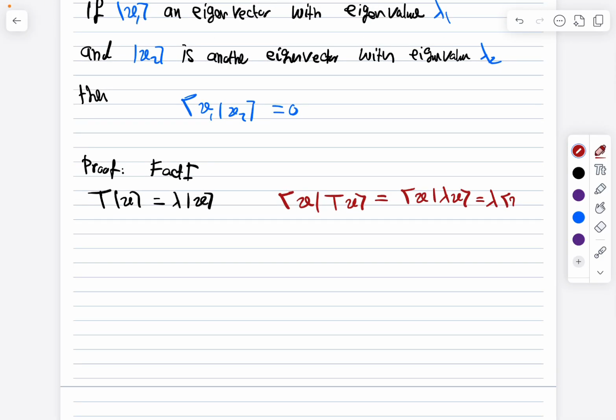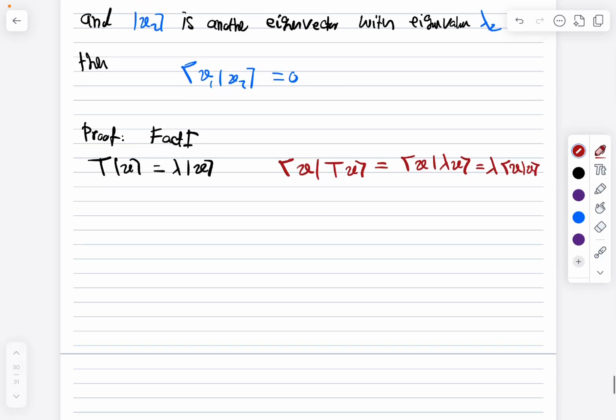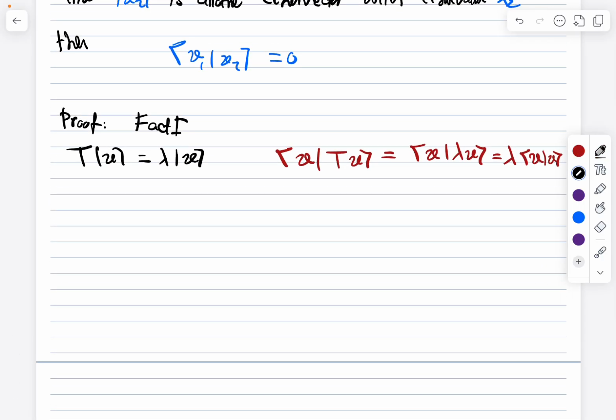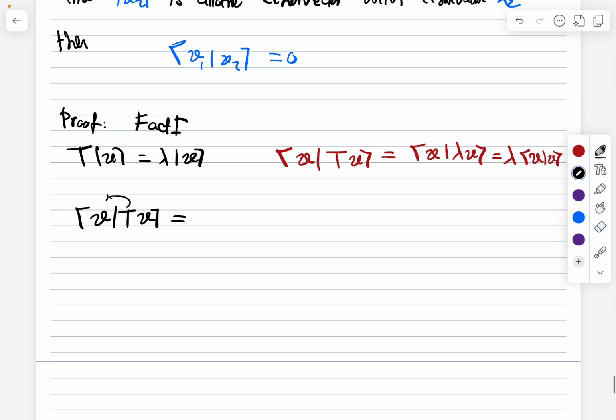Now, using the fact that T is a Hermitian operator, we can move it to the first vector. So we can take T v, v. So we are using this fact.